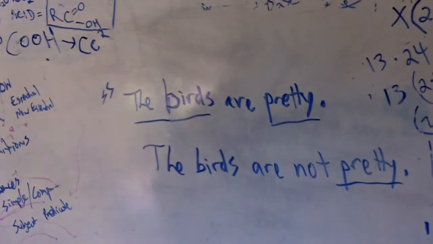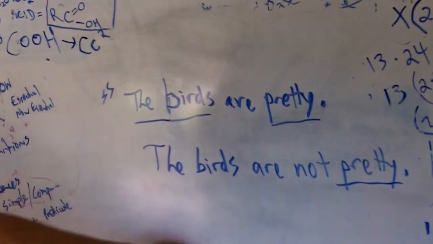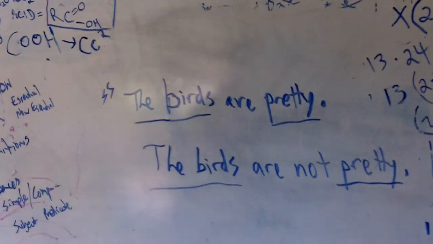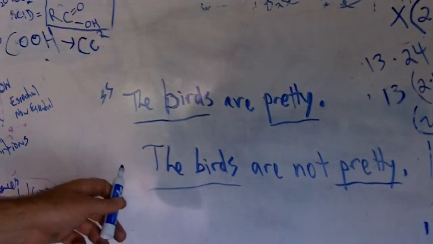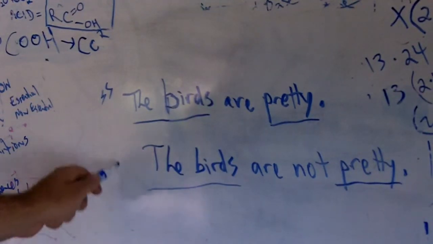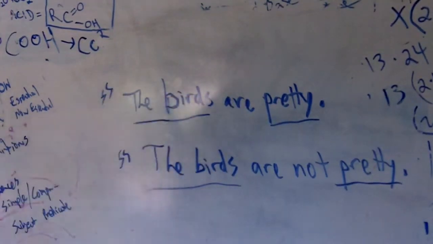Pretty is the predicate, the birds is the subject. This is a set of contradictory premises.